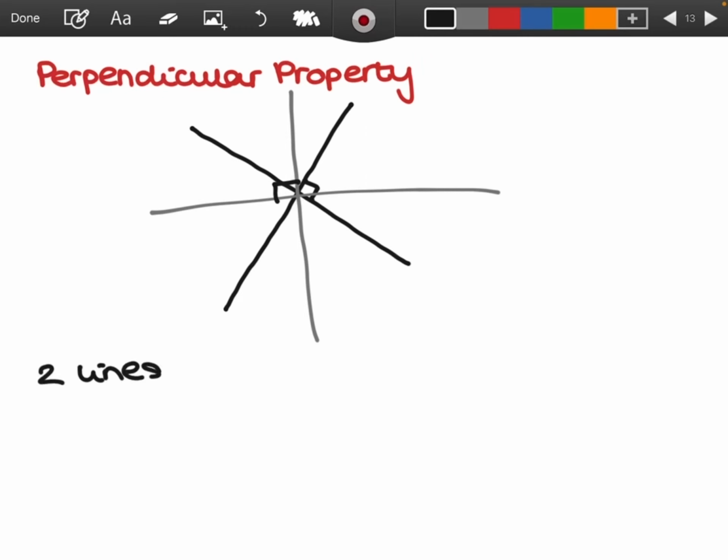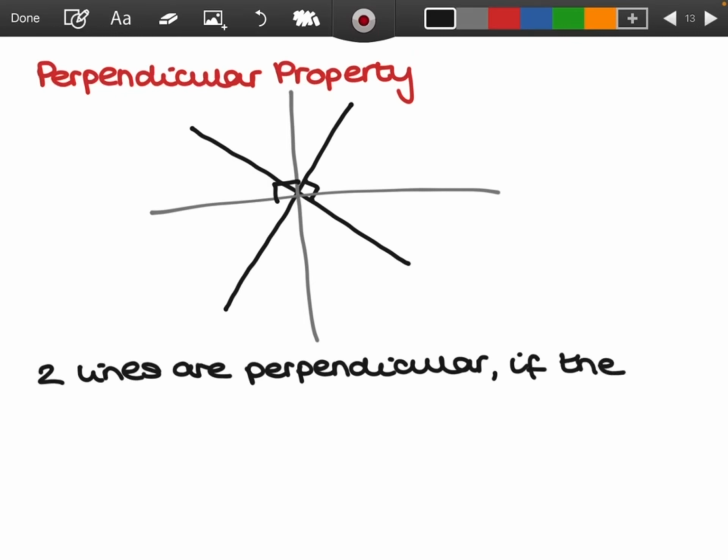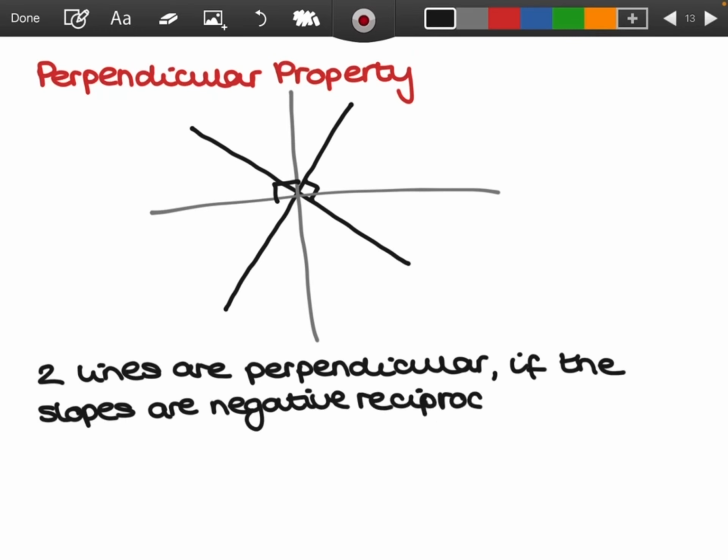So two lines are perpendicular if the slopes are negative reciprocals of one another. Okay.